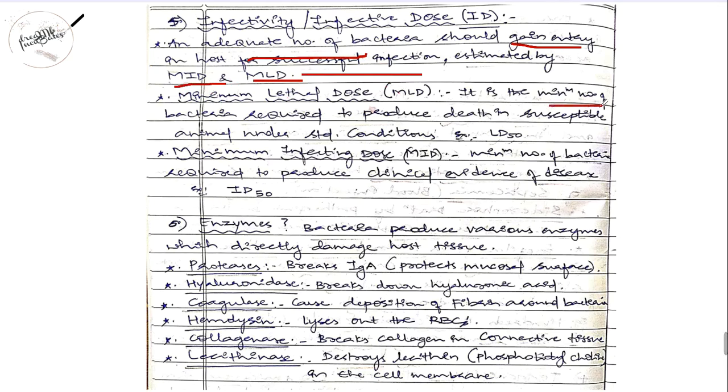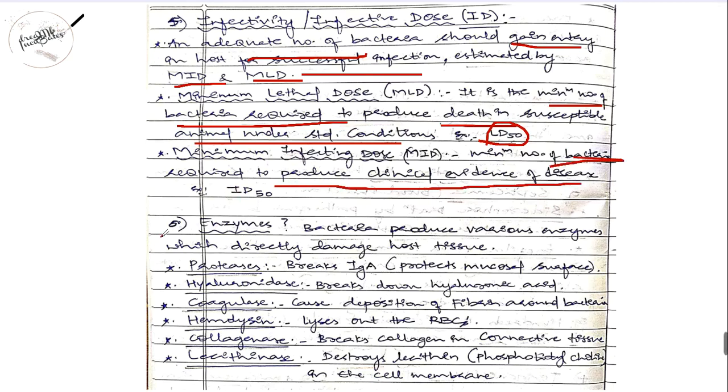It is the minimum number of bacteria required to produce death in a susceptible animal under standard conditions. Example, LD50, while MID, minimum infecting dose, is the number of bacteria required to produce clinical evidence of the disease.